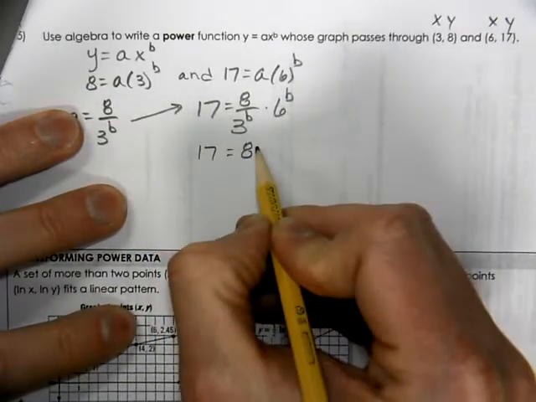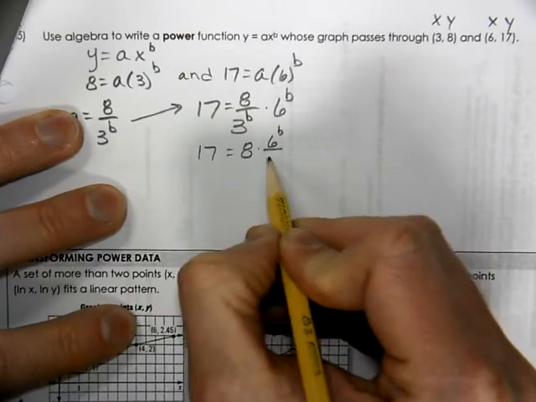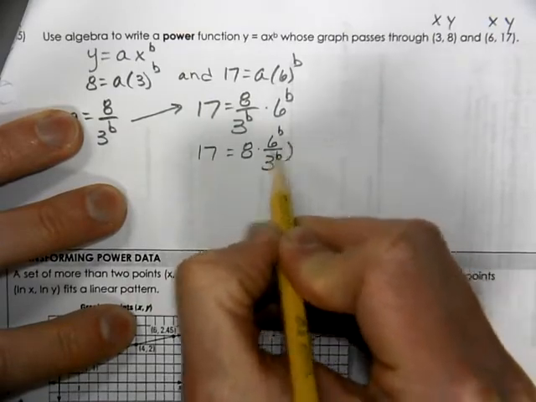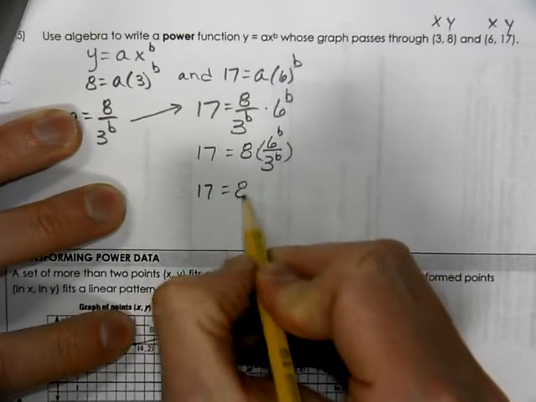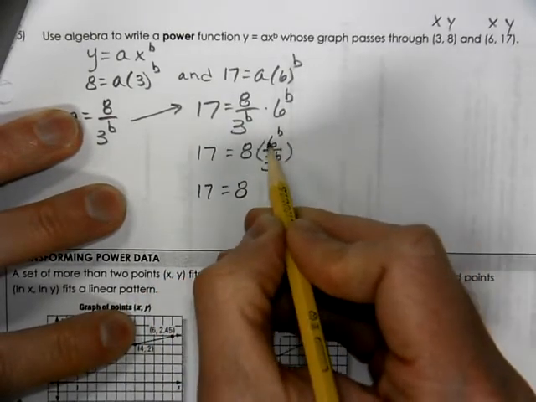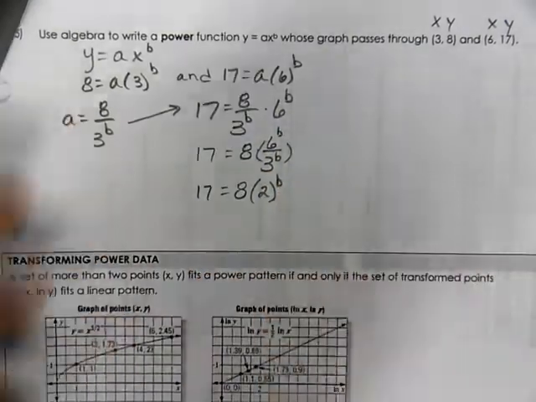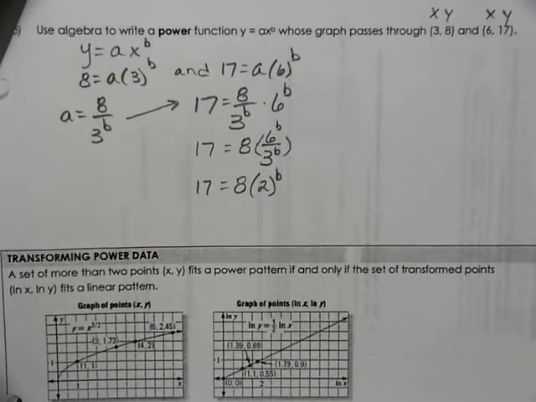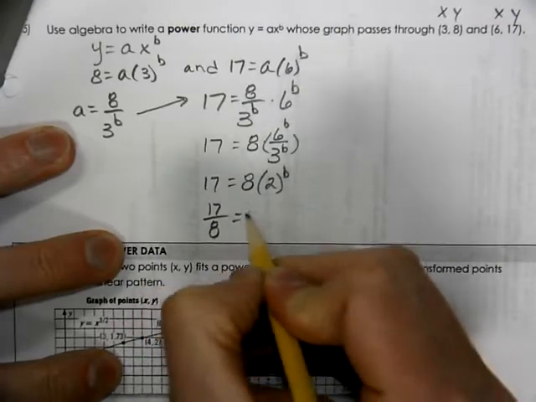So I have my 8 times my 6 to the power of b and my 3 to the power of b. I can pull the b out, and I have 6 divided by 3. So now I'm going to have 2 to the power of b. That is not 16 to the power of b. I have to divide by 8.